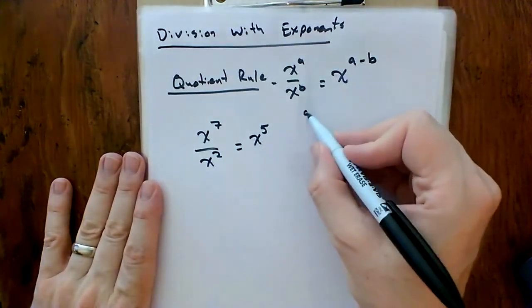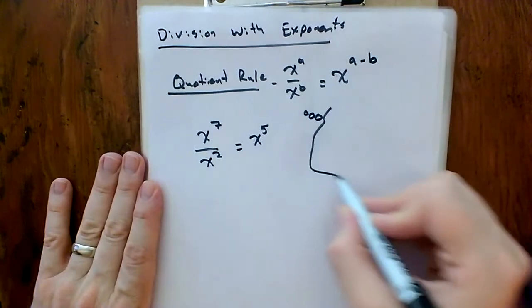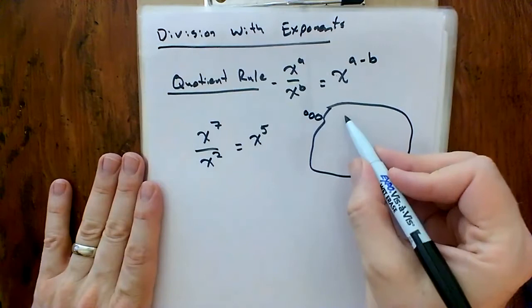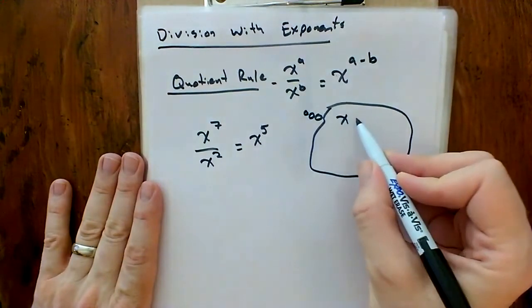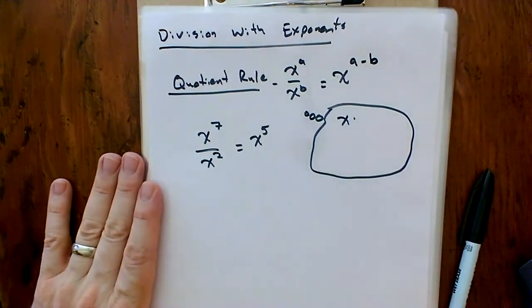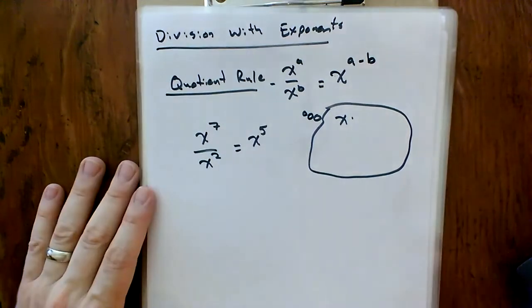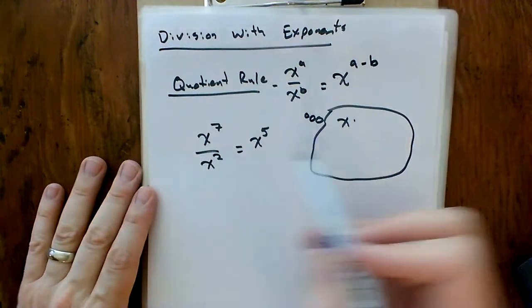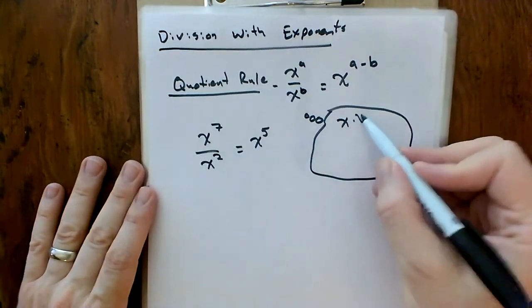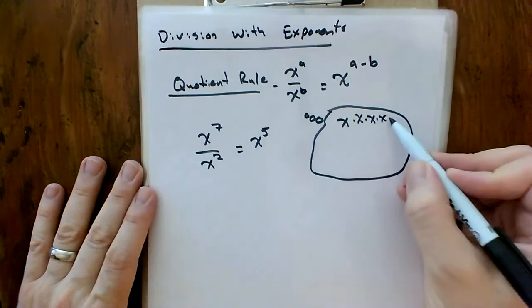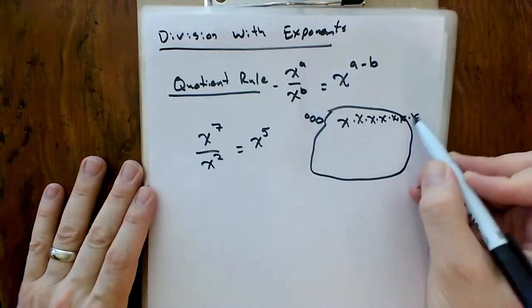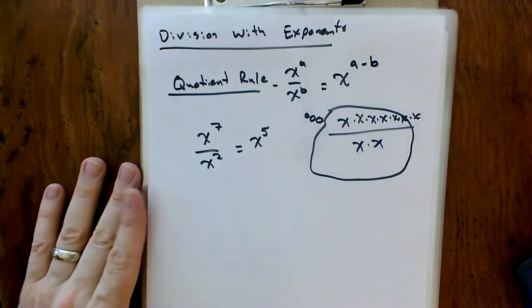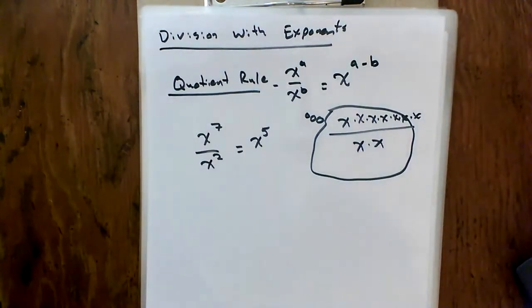And our reasoning behind that is this is essentially just like a fraction. Okay, so when we're doing this, this is x to the 7th, so it's x times x times x times x times x times x times x, all over x to the 2nd, so x times x, and we're going to reduce this just like we would a fraction.